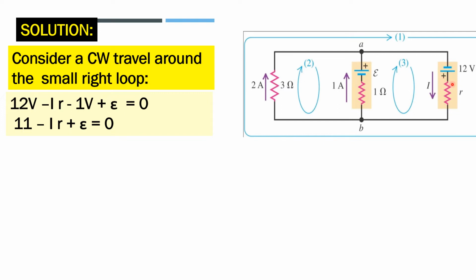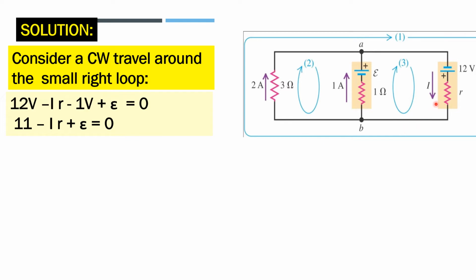And since the direction of your travel is the same as the direction of the assumed current in passing through a resistor, the sign of that IR product, which actually is just the voltage, will be negative. So we put here minus I times small r. The direction of your travel is in the same direction as the assumed current that we have here.